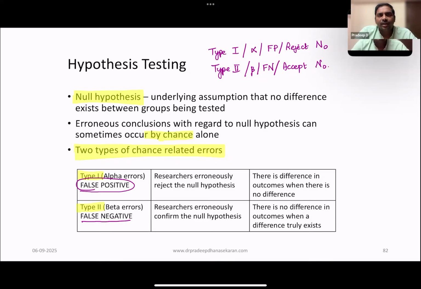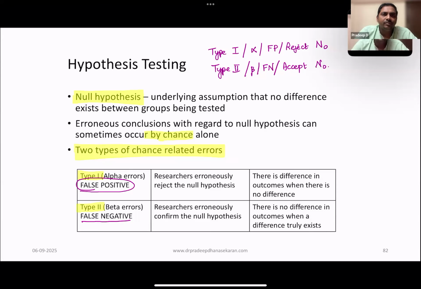Moving on to type 1 and type 2 errors, which are called the chance related errors. Type 1 is nothing but a false positive. That is an alpha error. False positive means whenever there is no difference, but you note it down as a difference. That means you are rejecting the null hypothesis. I repeat again, type 1 errors or alpha errors are otherwise called false positive.